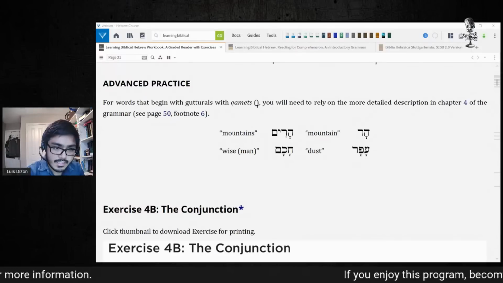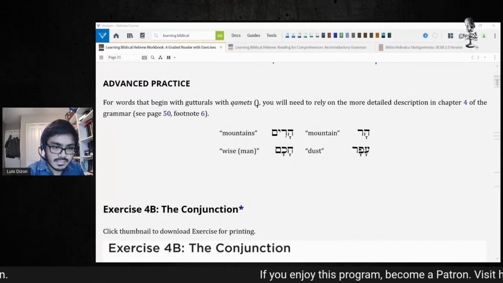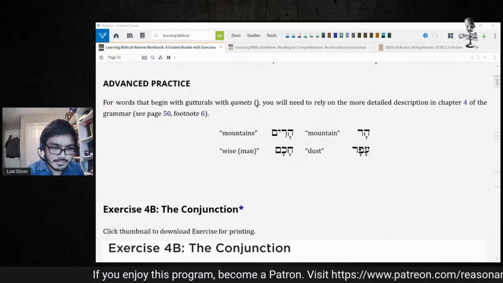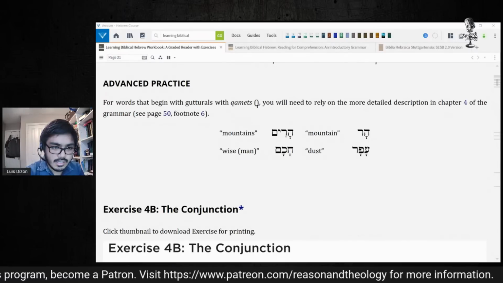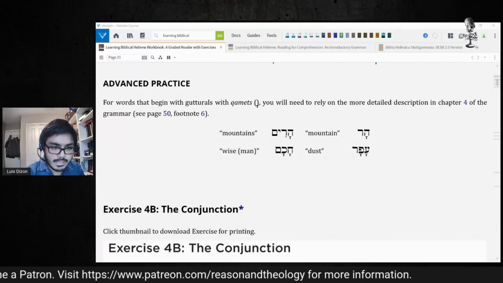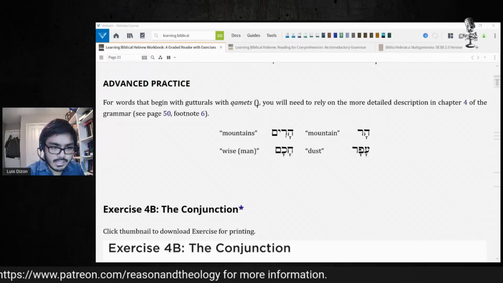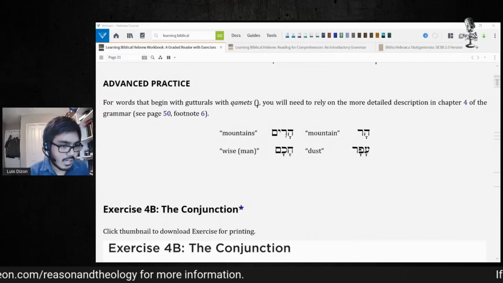Har, on the other hand, is treated as a regular one. Oops, sorry, that shouldn't be a segol. Ignore that. That should be a patach.